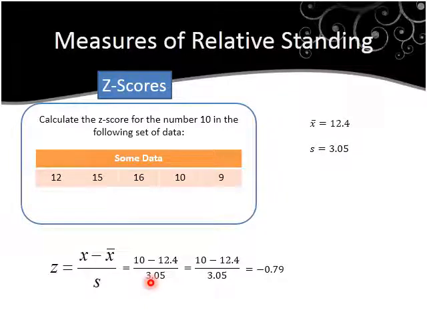So my z-score is negative 0.79, and if I were asked how many standard deviations 10 is from the mean, I would say it is 0.79 standard deviations from the mean. It happens to be below because it's negative. But if I just want to know how many standard deviations from the mean I am, it's always going to be the positive version of my z-score.